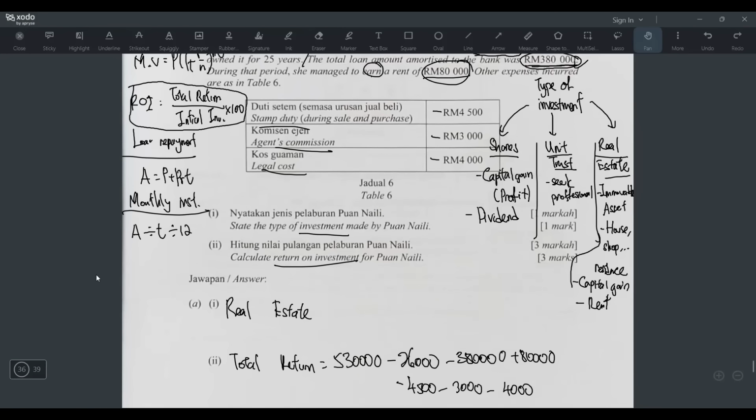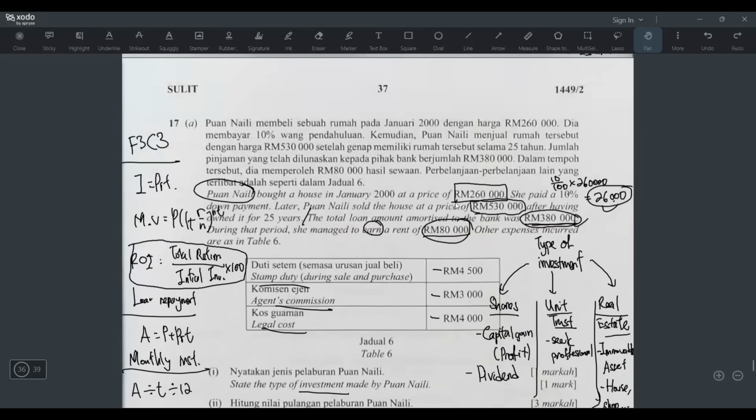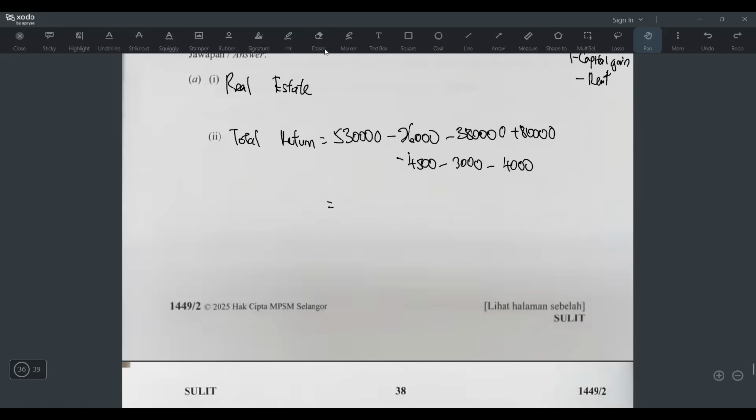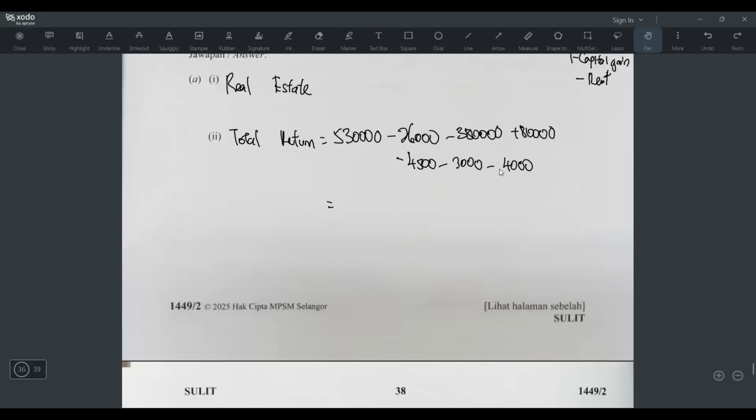Okay, so now I can press all this to get the total return. You have to wait for me. I need to press 530,000 minus 26,000 minus 380,000. Okay, I added one extra zero just now. 380,000, correct.